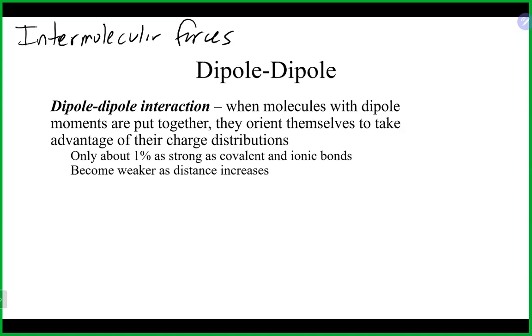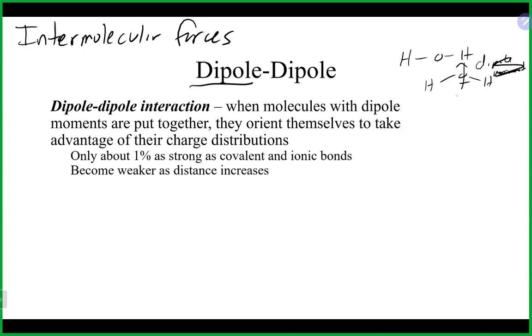It is what happens typically when two polar molecules come together. Perhaps you remember this word dipole. We saw it when we have a polar molecule like water that has a net dipole moment, right?